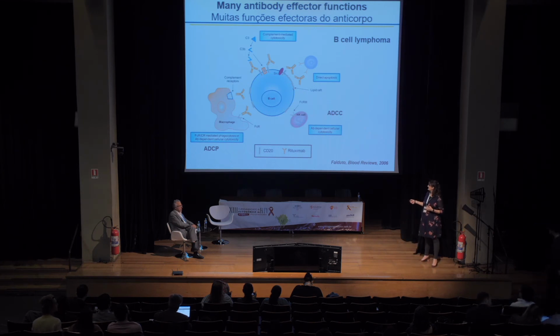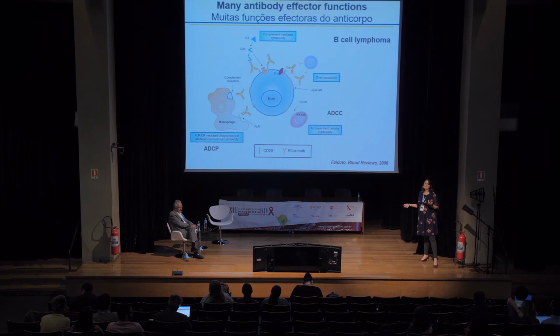And so this slide is a review about using the monoclonal rituximab to treat B-cell lymphoma. And so this is a monoclonal antibody that recognizes the CD20 molecule found on B cells. So it's the same thing as giving a monoclonal antibody to target an infected cell, only in this scenario it's a tumor cell.